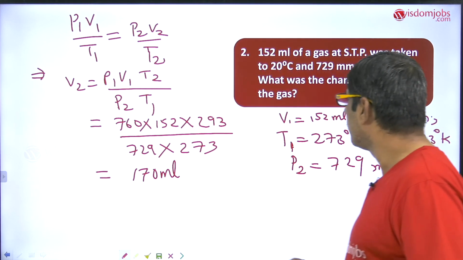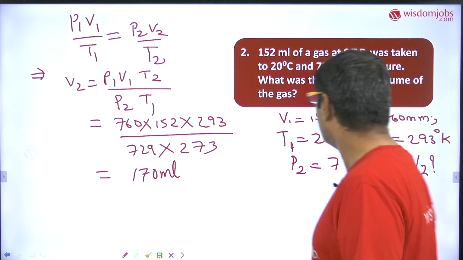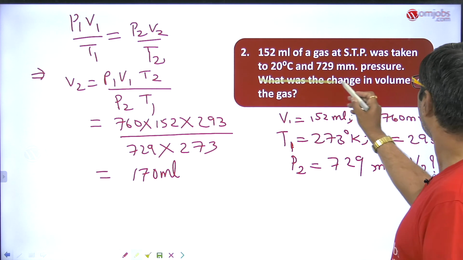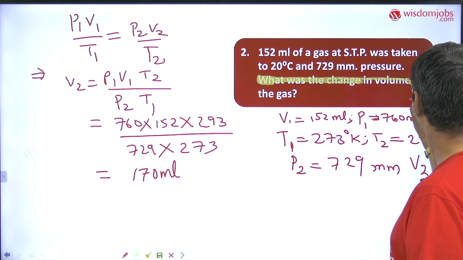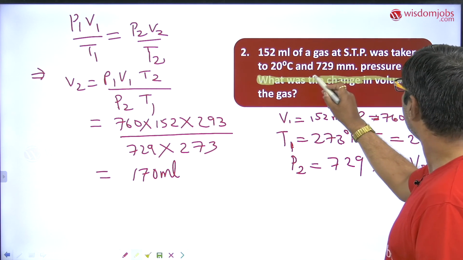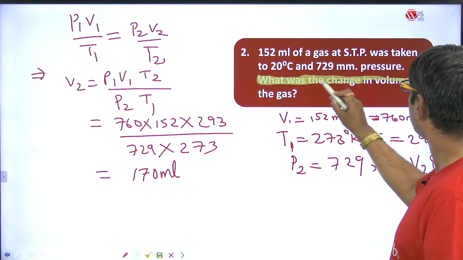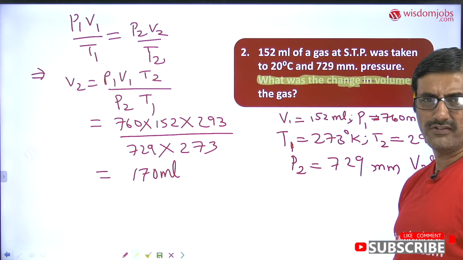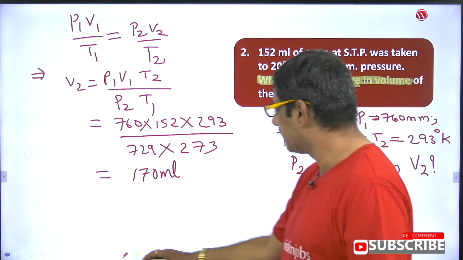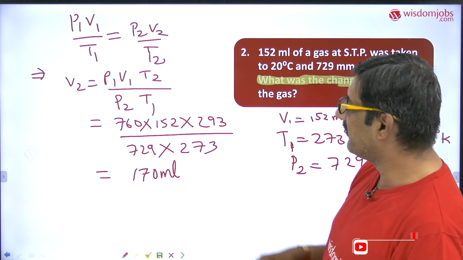Okay, now what is that actually he is asking? He is asking you what was the change. Okay, so what was the change in volume? So initially what was the volume actually? The initial volume was given to be 152 ml, right? So the initial volume was 152 ml. Now the final volume we got it as V2. V2 equal to 170.